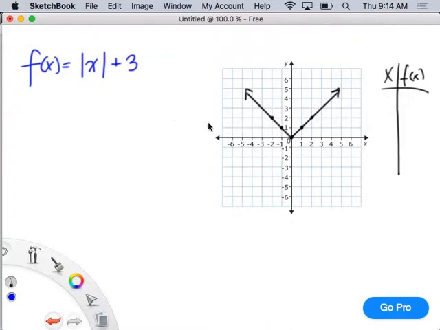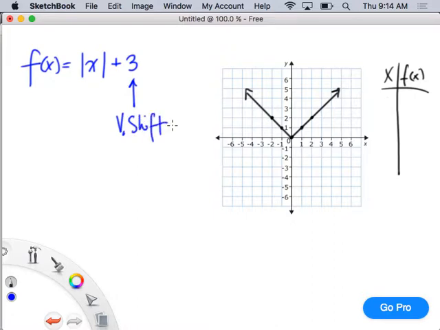Now, who can tell me what that plus 3 does to my graph? Isaiah? It makes you go up 3. Up 3. Very good. When I have something added or subtracted on the outside of these absolute value brackets here, it is called a vertical shift.